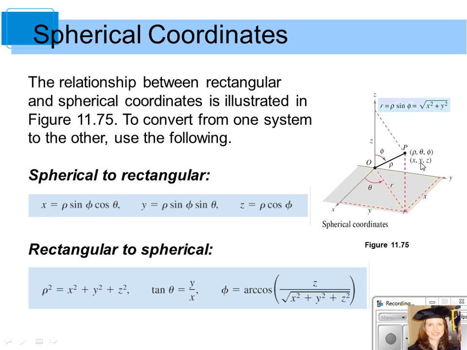So if you know the point x, y, z, the way you find the distance from the origin is using this equation: rho squared equals x squared plus y squared plus z squared. That's using the distance formula. And tangent theta equals y over x. That's the same conversion equation. And then the way you find this angle phi is by taking the arc cosine of z divided by rho, which is the square root of x squared plus y squared plus z squared.